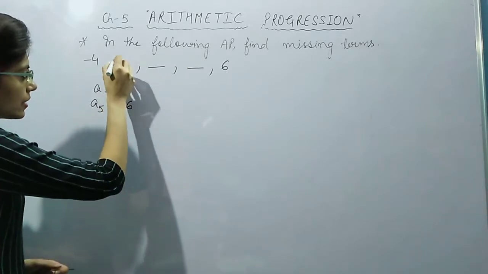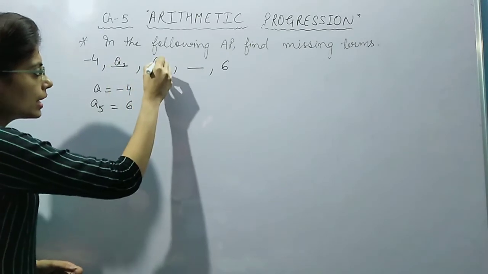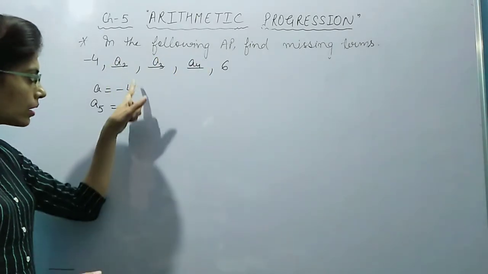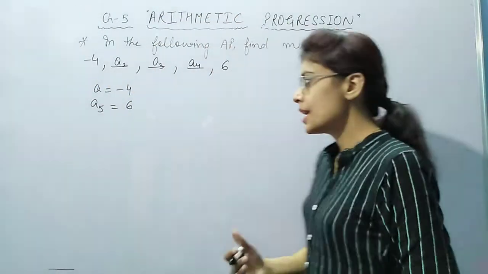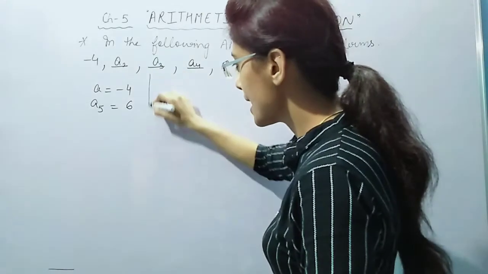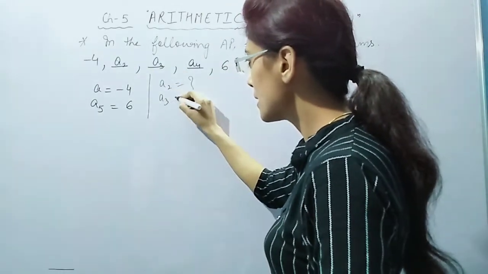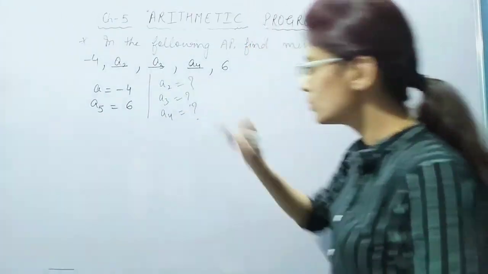So here I will be writing, this is the second term. A2, A3, A4 we have to find. The first step is to write that information which is given. The second step is to write what we have to find. A2 we have to find, A3 is to be found, and A4 also we have to find.